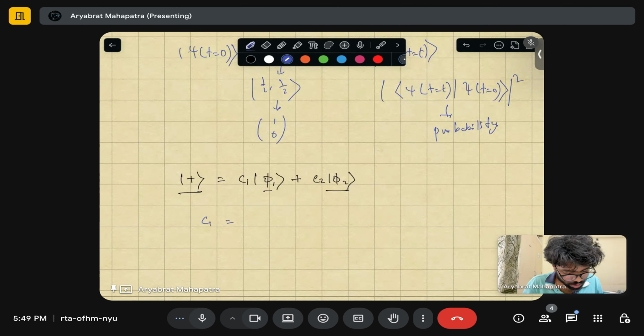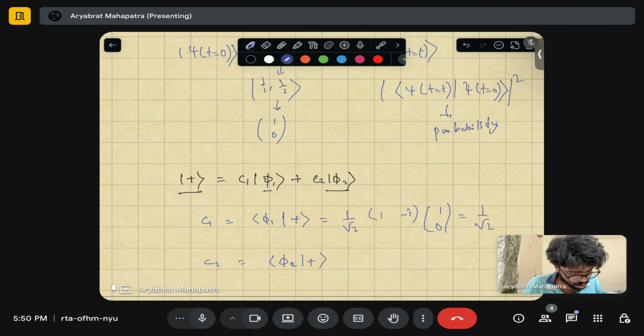So I can calculate C1 if I take the inner product of phi 1 with plus, then I get half times (1, minus i) with (1, 0). That will give me 1 over square root 2. And same way C2, if I calculate, I have to take the inner product, then that will give me (1, plus i) with (1, 0).